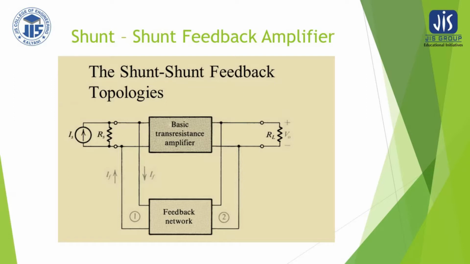Vi is given by Ri into I input, divided by I source, which can be written as input current plus feedback current. So therefore we can write it is Ri into I input divided by I input plus If, where If stands for Rm into Ii. So it is Rm into I input.